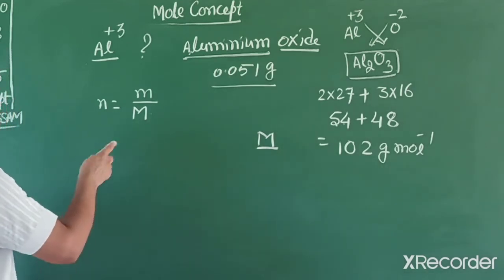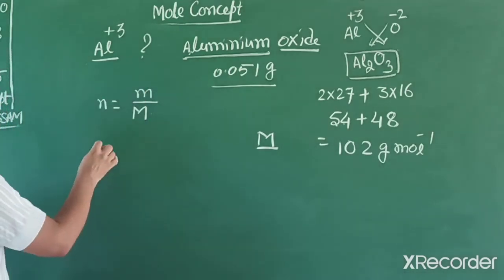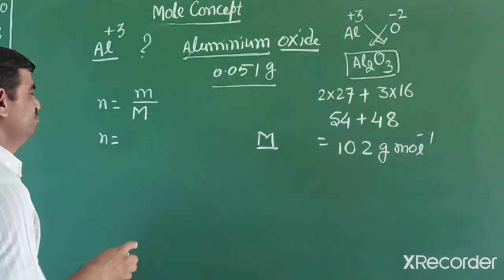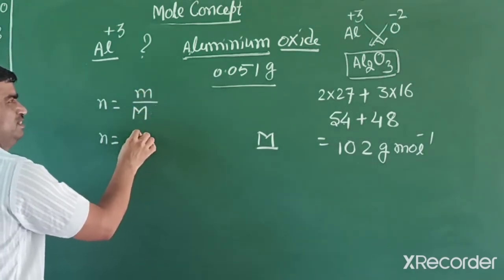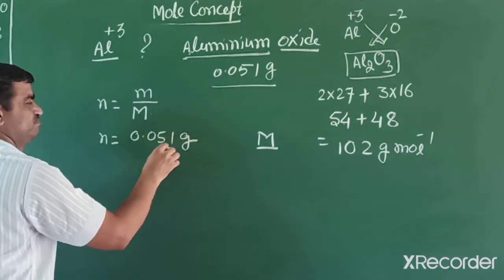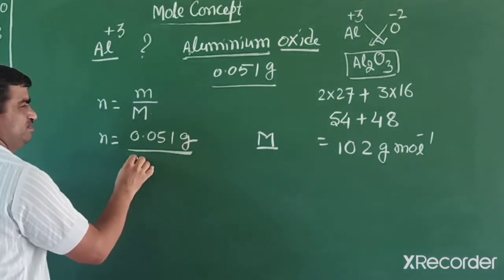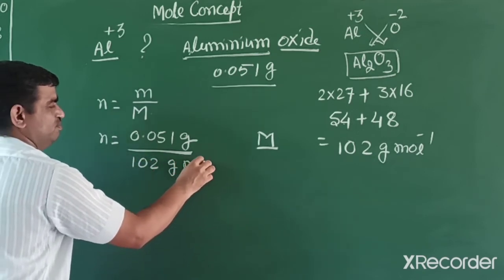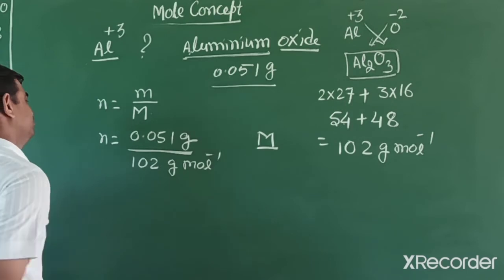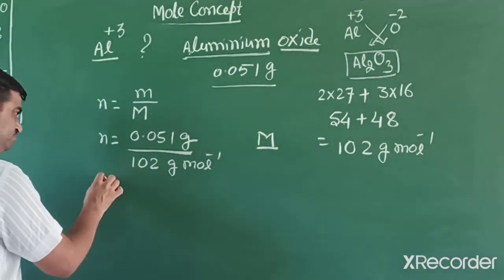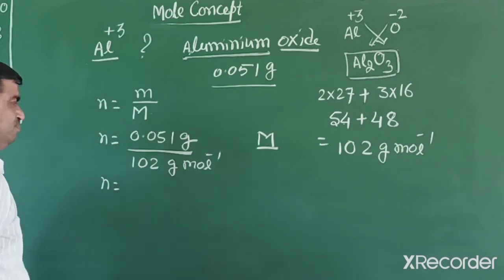So students, then we substitute the value. First we want to convert to moles. Small m is given 0.051 gram, and molar mass we know 102 gram mole inverse. Again we have to solve.